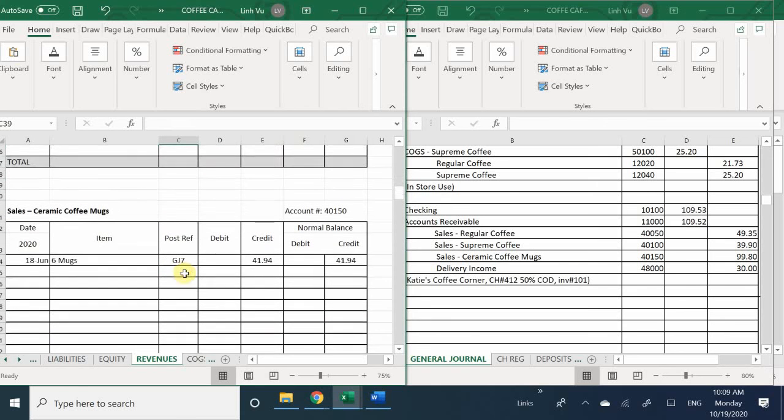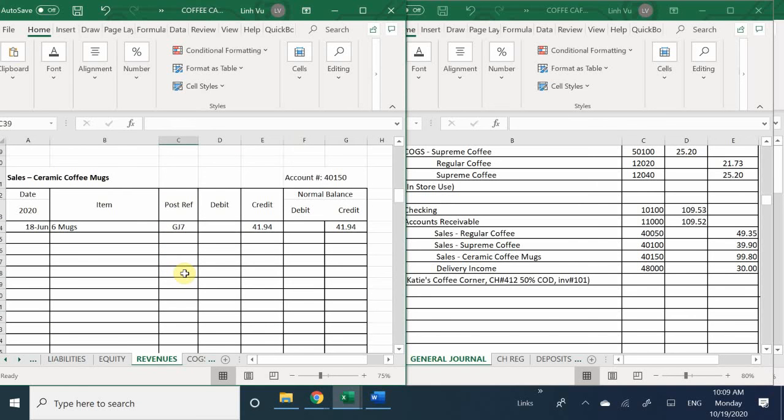Next is my ceramic coffee mugs. How many coffee mugs did I sell? 20 mugs. Okay. General Journal number 7. And how much was that for? $99.80.